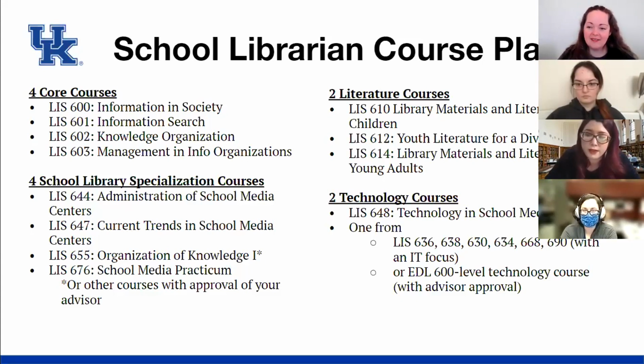So we'll have 4 instead of 3, which would be great. So 4 classes with potentially more in the future. We can't say yet. And then 2 technology classes. There's one class that is specific to school media technology that these students take, and then they pick another class. Our educational leadership program over in the College of Education has some online classes. So there are options there as well.